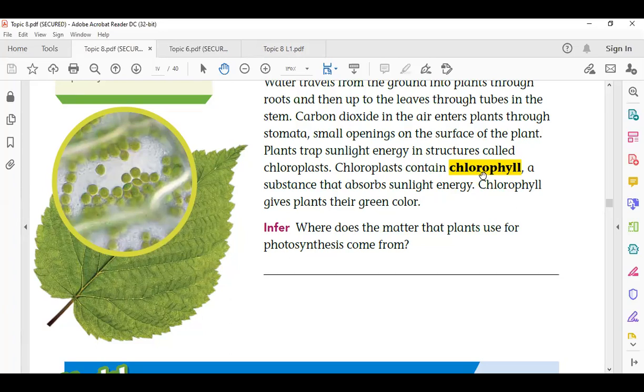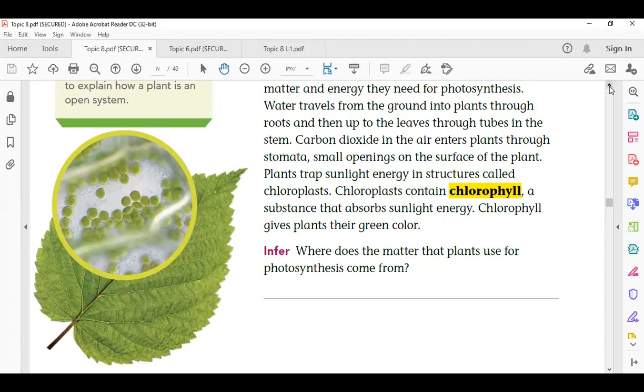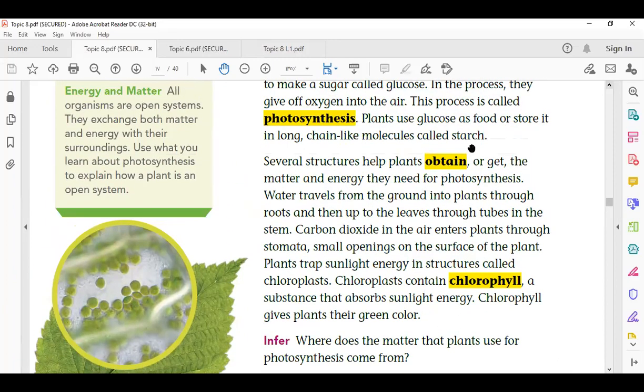Because of the presence of this pigment, chlorophyll. Okay, so chlorophyll is very important. Without chlorophyll, plants can't perform photosynthesis. So again, several structures help plants obtain the matter and energy they need for photosynthesis.